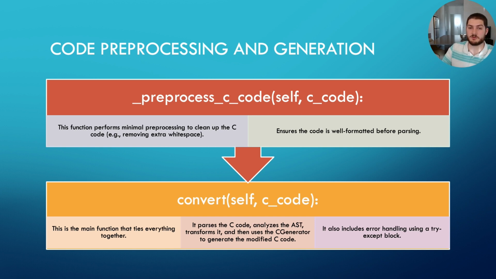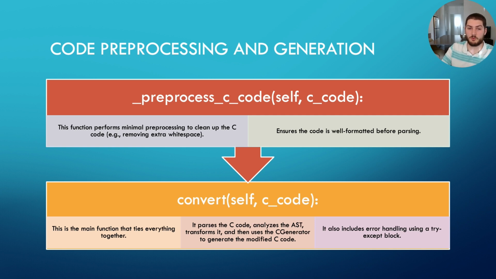The convert function serves as the central orchestrator, bringing together all the different components of the program to perform the complete conversion. This function represents the main entry point for external code to initiate the conversion process. It takes the raw C code and initiates the following sequence of operations: calling all the necessary functions for parsing, then analysis, then transformation, and finally code generation.